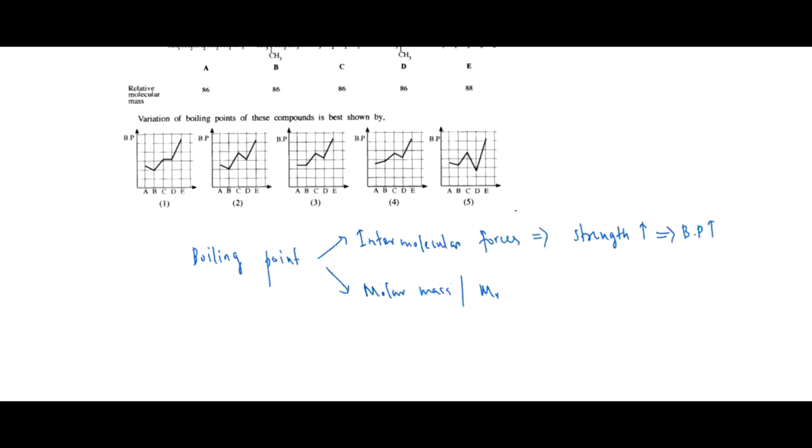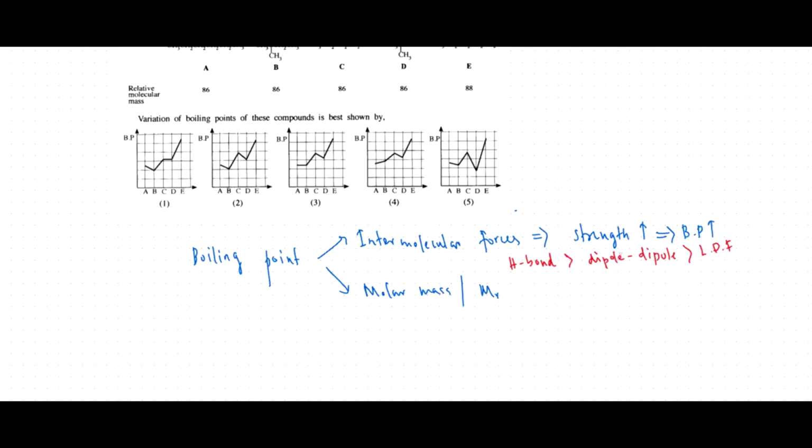So there is an order for the strength, and the hydrogen bond is the strongest intermolecular force, and the second strongest is dipole, and the weakest intermolecular force is London dispersion force. So this is how the strength of intermolecular forces of organic compounds varies.